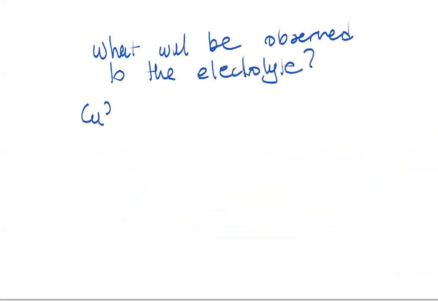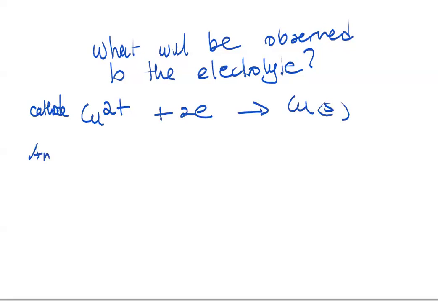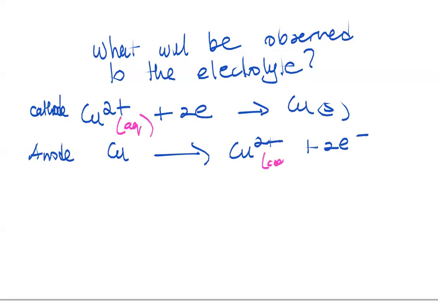So these are the two equations, cathode and the reverse of it, the exact reverse of it will be taking place at the anode. Right? This is aqueous. This is aqueous, solid. Right.